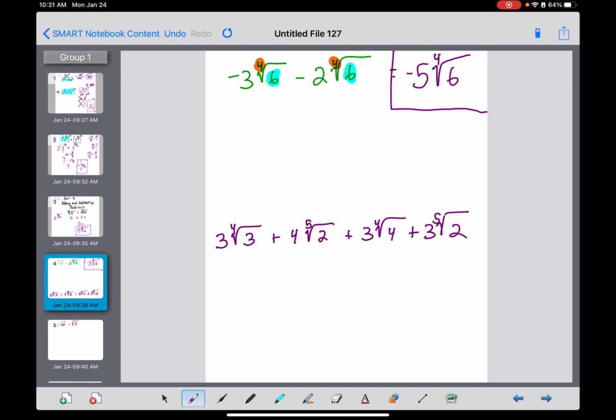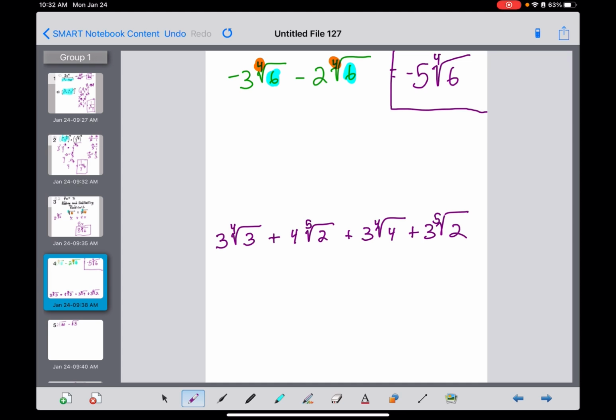It really becomes a lot like combining like terms. The next one is a great example of that. If I've got 3 times the fourth root of 3 plus 4 times the fifth root of 2 plus 3 times the fourth root of 4 plus 3 times the fifth root of 2.